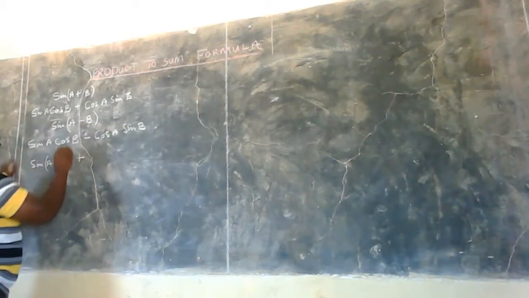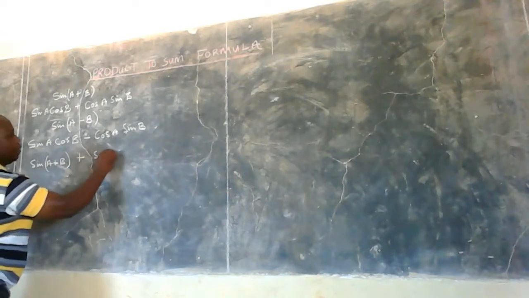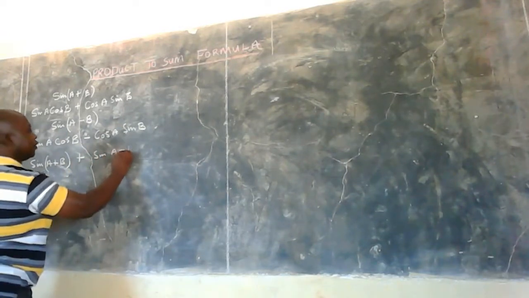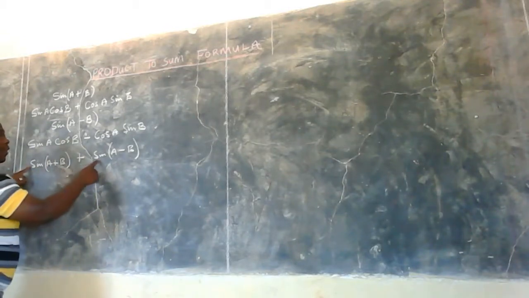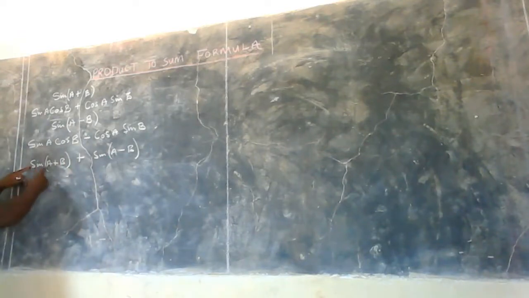This will give me sine A plus B plus sine of A minus B. In short, I want to find out what would happen if I added sine A plus B to sine A minus B. Remember, we have already done the sine expansion of A plus B, which is this part here.